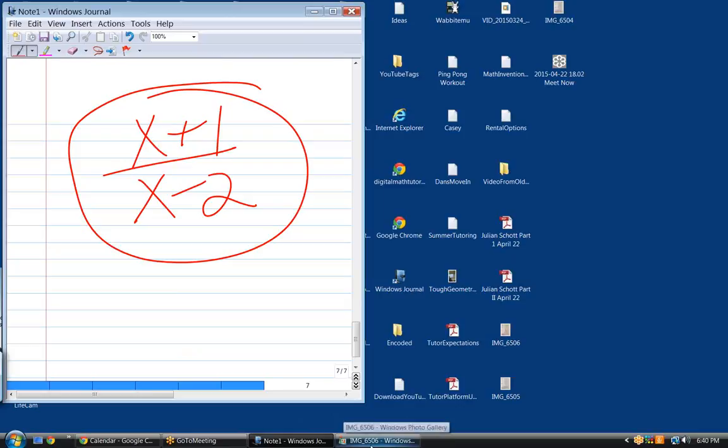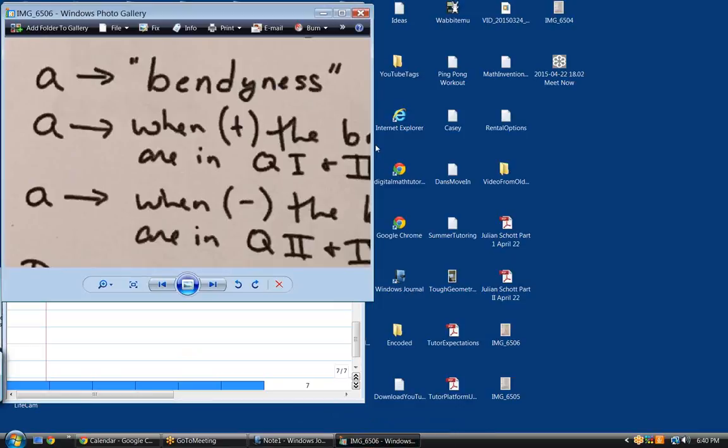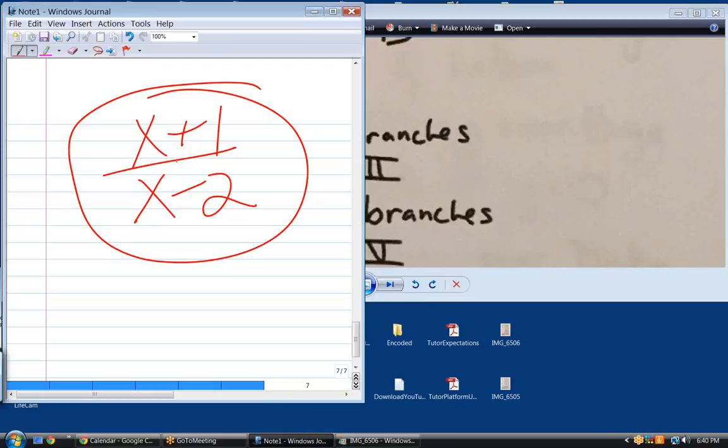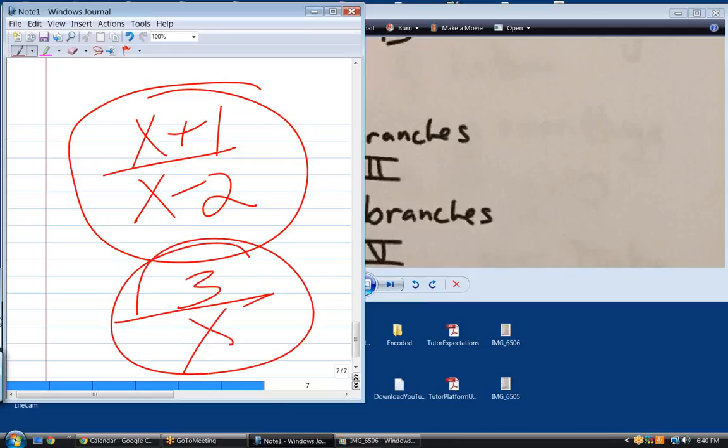So that little tip they give you on these notes isn't very helpful when you get something that looks like this. If you get something that looks like this, well, sure, that's going to be in 1 and 3. Minus 3 over x is going to be in 2 and 4. I can figure that out.